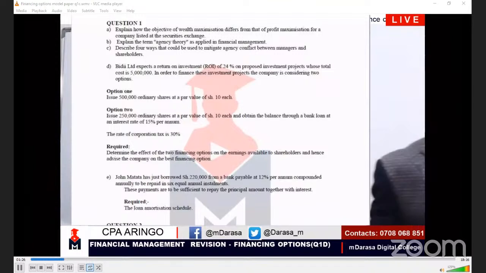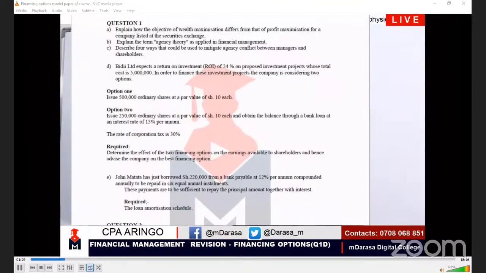So at this point, I'm expecting a return on investment of 24%. And I'm given that for us to attain that, the company has 2 options. Number 1 is to issue 500,000 ordinary shares at a par value of 10.